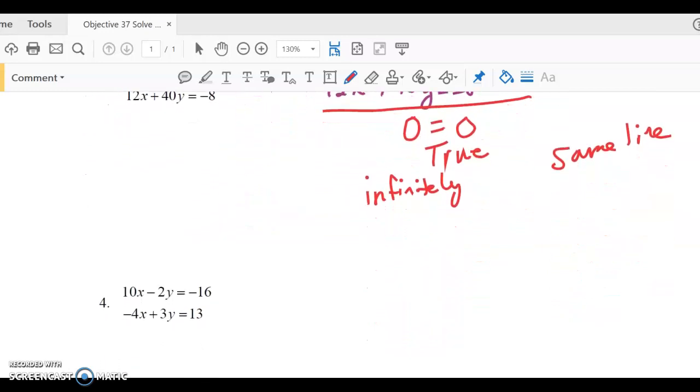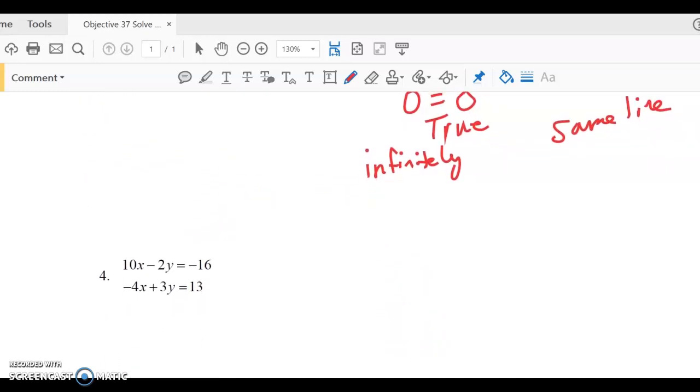Now, number 4 is the most difficult case, because when you look at it, 10 and negative 4 are not multiples of each other. Negative 2 and 3 are not multiples of each other. So what you have to do is find the least common multiple. When I look at this, I see that the y values could go into a certain number.